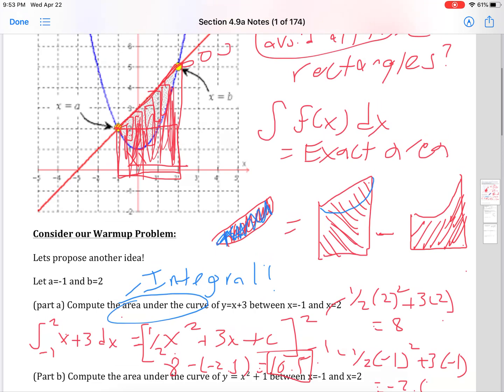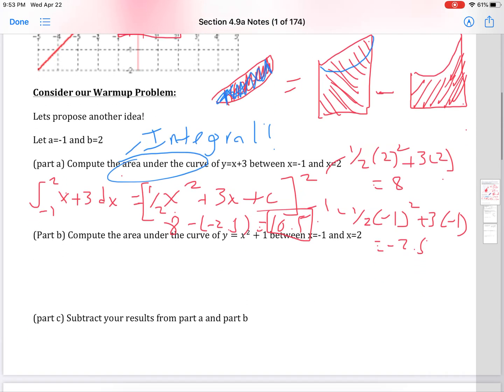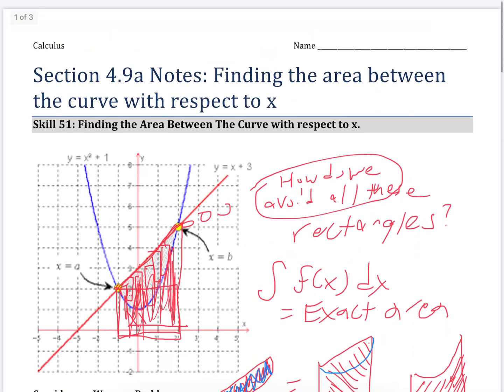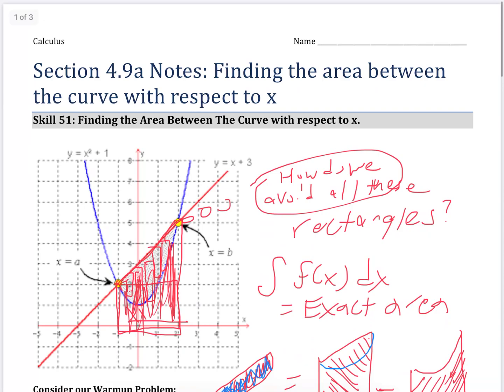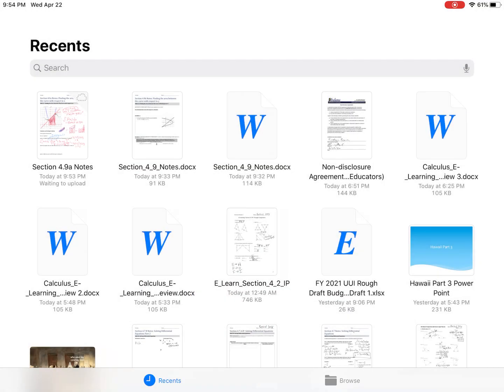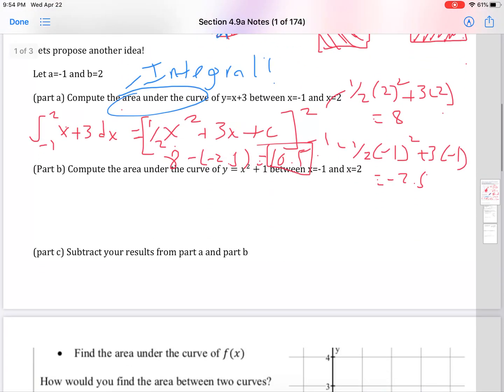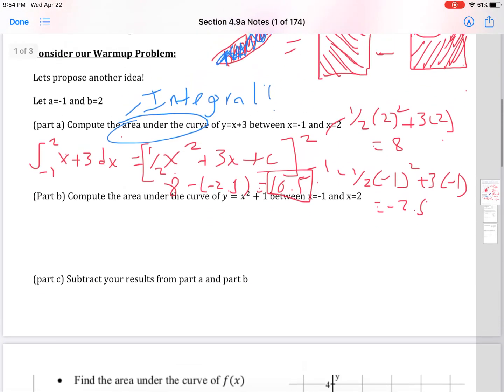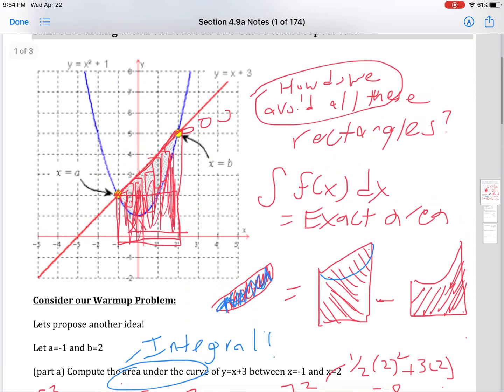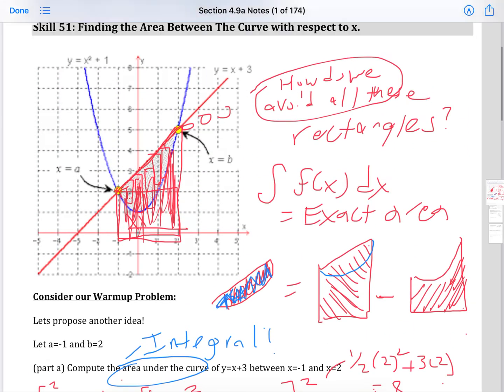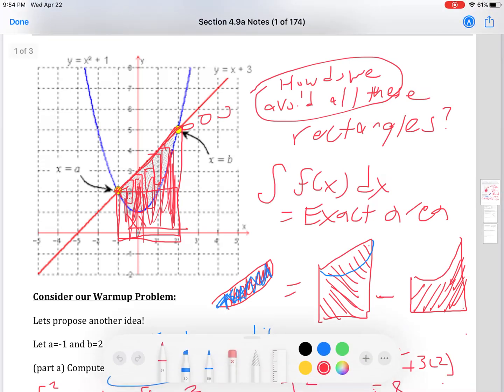All right, so now let's focus on the next part. Part B says compute the area under the curve of x squared plus 1 between -1 and 2. Let's look at where this geometry is going on. We'll do this in green.